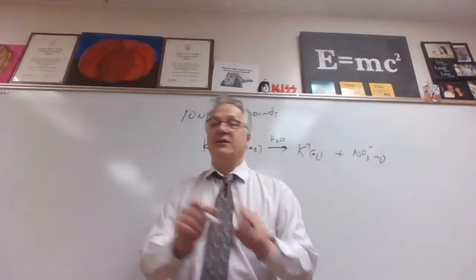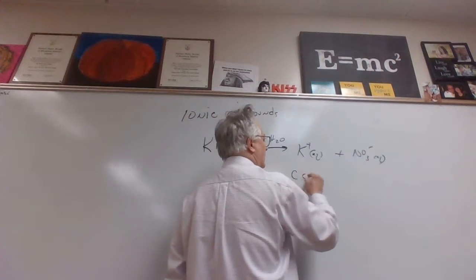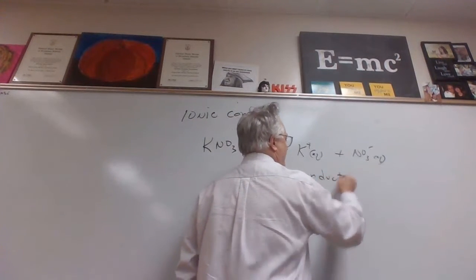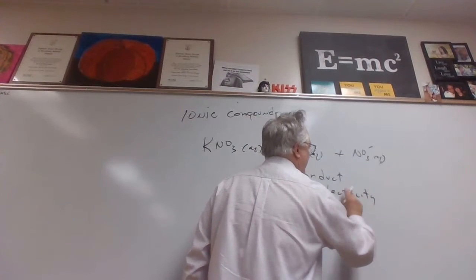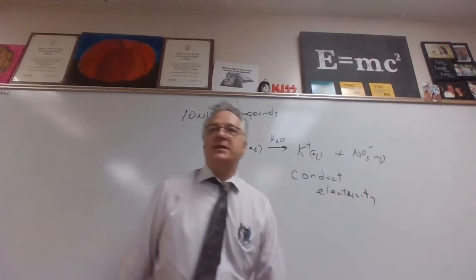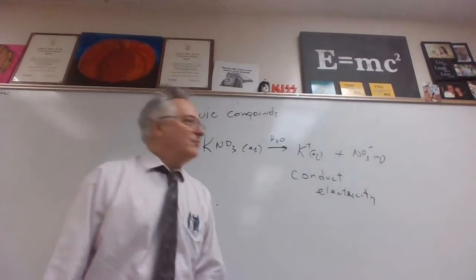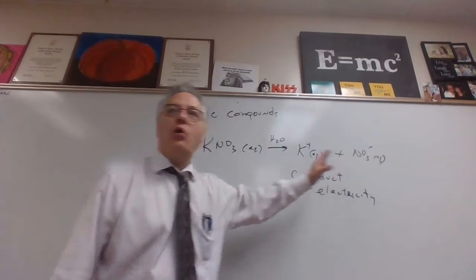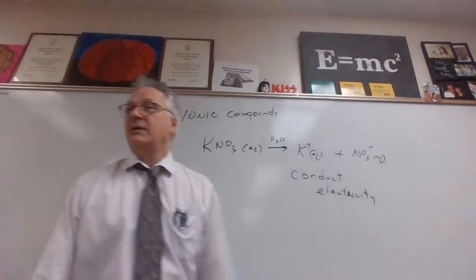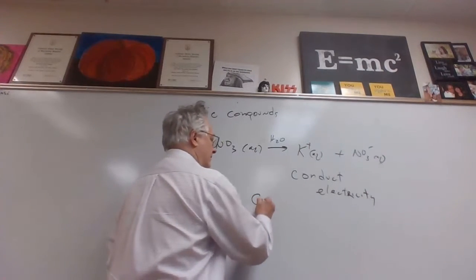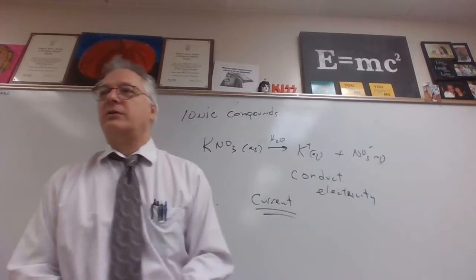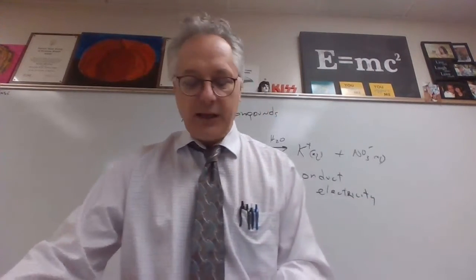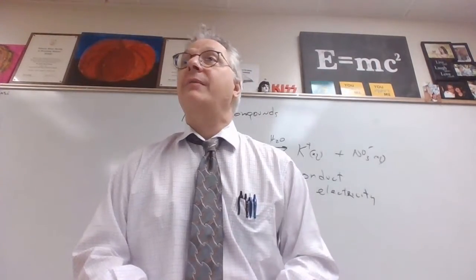So ionic solutions conduct electricity, because anytime you can have a flow of charged particles, you create a current. Current is a flow of charged particles. Let's put this on pause, and I want to take you back to the lab and show you a demonstration.